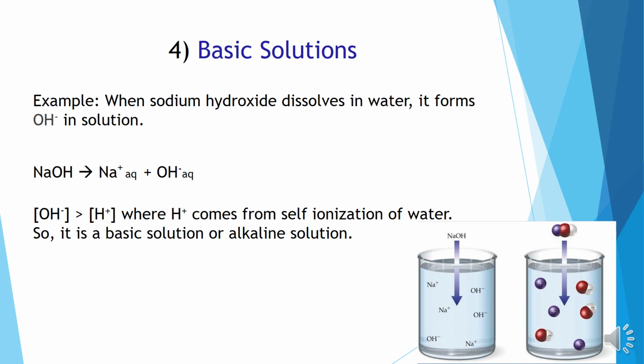Let us compare the two concentrations. Which one is greater? In water, the OH- is greater than the H+. Now what's the source of the H+? H+ comes from self-ionization of water, so it is a basic solution, or we can name it an alkaline solution.